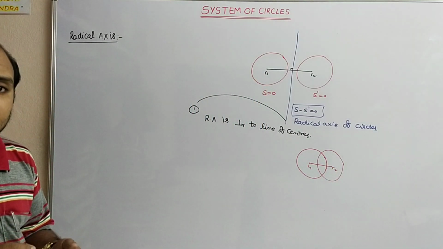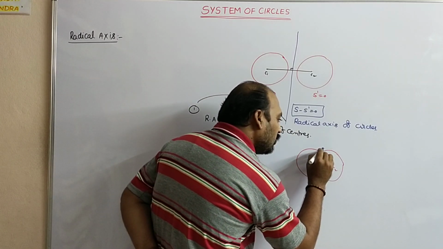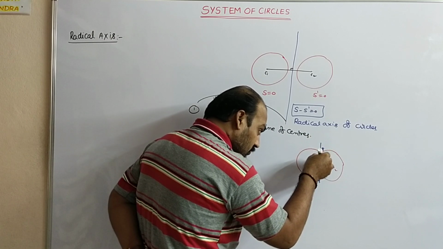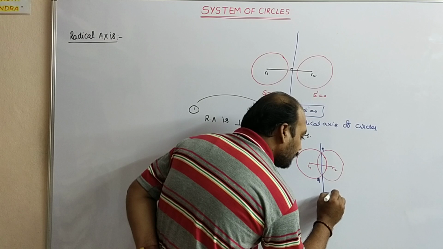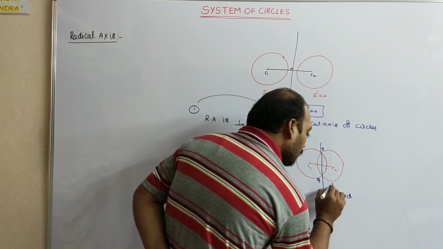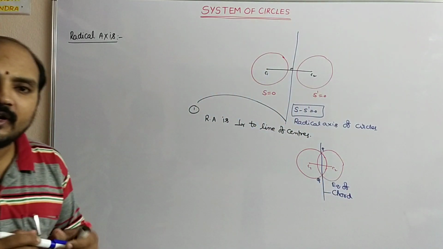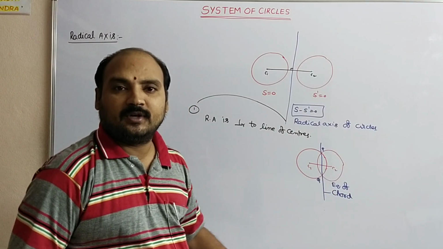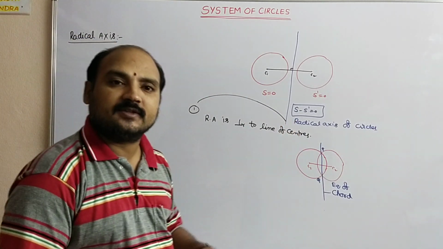If the two circles intersect at two distinct points P and Q, and we join them like this, it is called a chord, the chord of the circles. Whenever the two circles intersect in two distinct points, the chord itself is the radical axis.